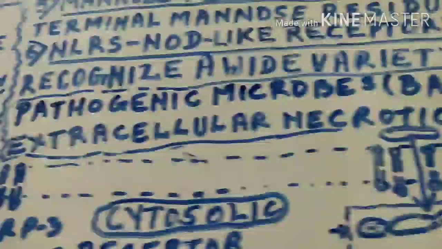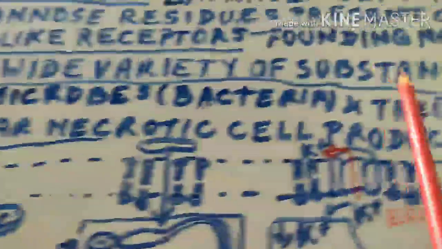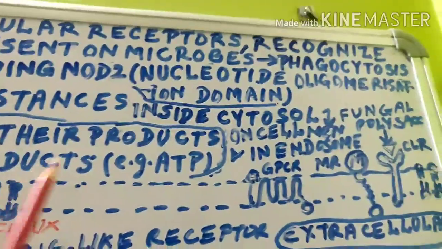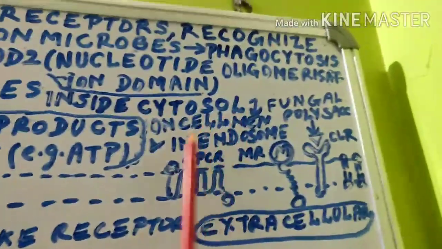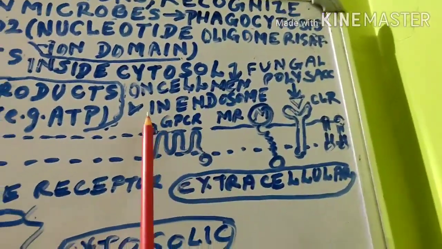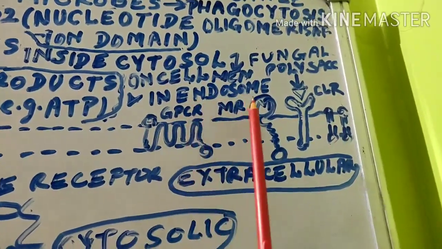Now, what does it do? It recognizes a wide variety of substances, including what you can see here, present in the cytosol, on the cell membrane, and also in the endosome.